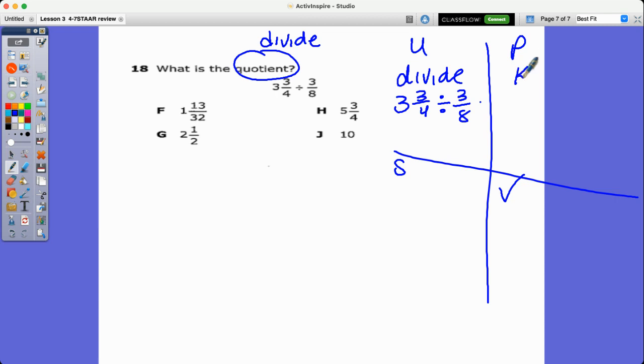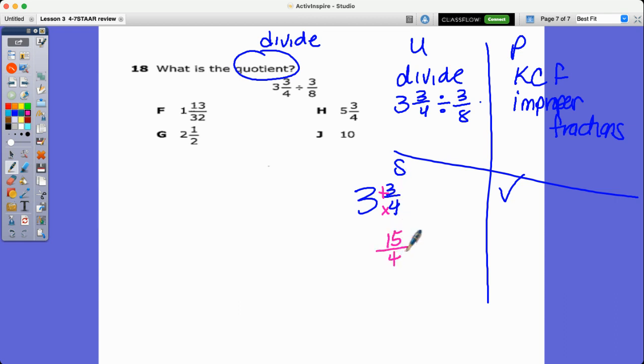My plan is to use keep, change, flip, and improper fractions. So I start by using my Texas method, because I need to change that. That is not going to do me any good written as it is. 3 times 4 is 12, plus 3 is 15 over 4, divided by 3/8.